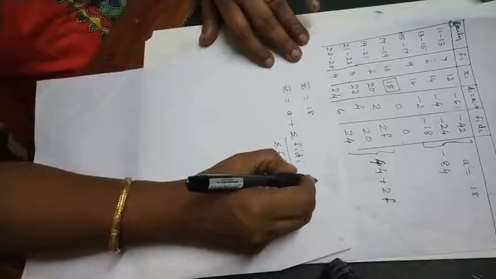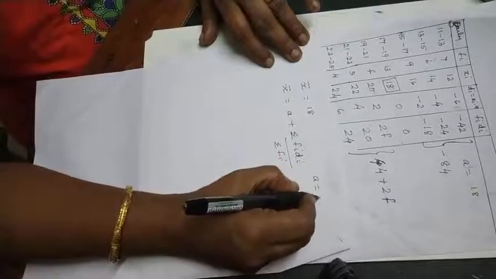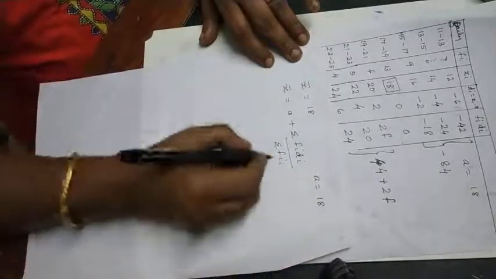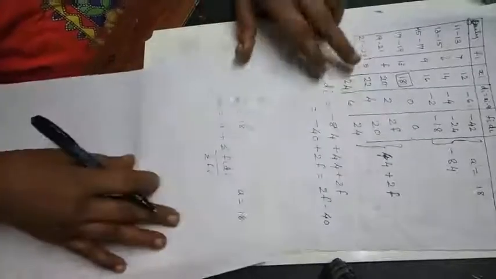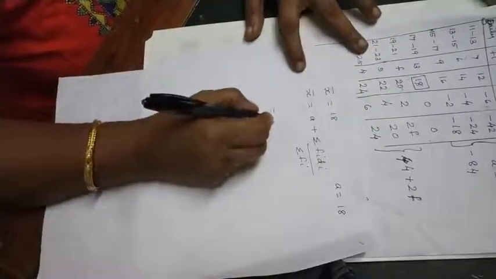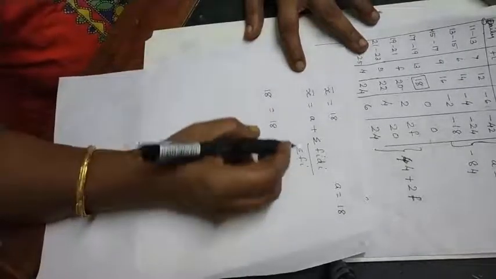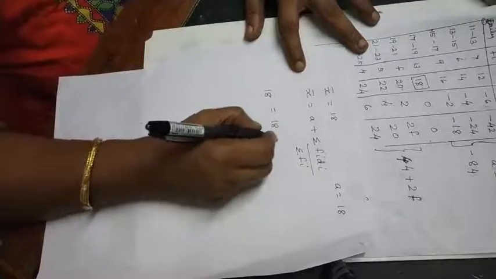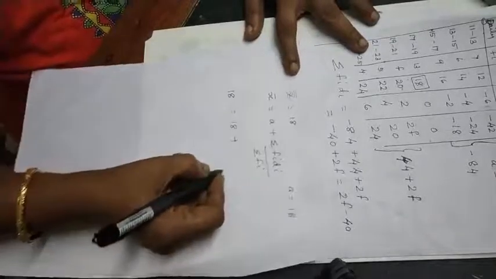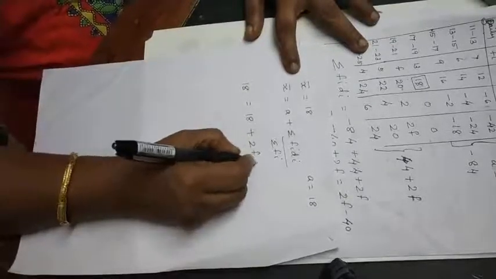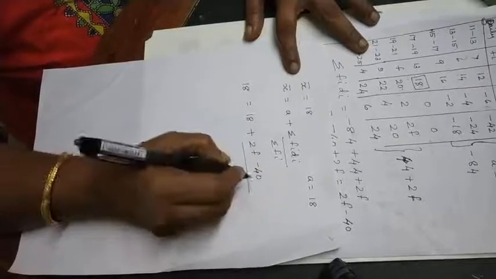A we know is 18. Now sigma fi di we got, that is 2f minus 40. So 18 is equal to 18 plus 2f minus 40 by sigma fi.